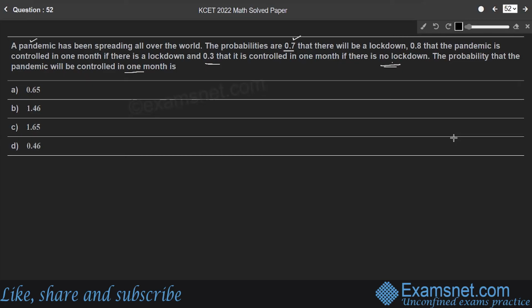Event being locked down. So let it be P of E1 is 0.7, right? So event not being locked down will be 1 minus 0.7.